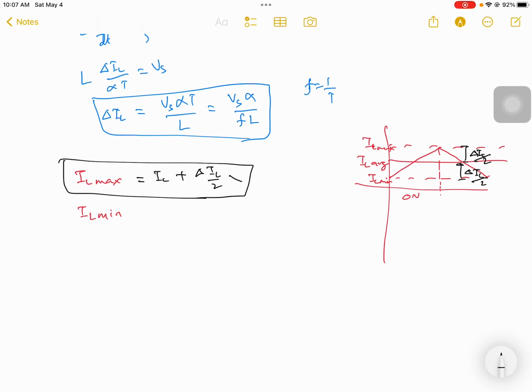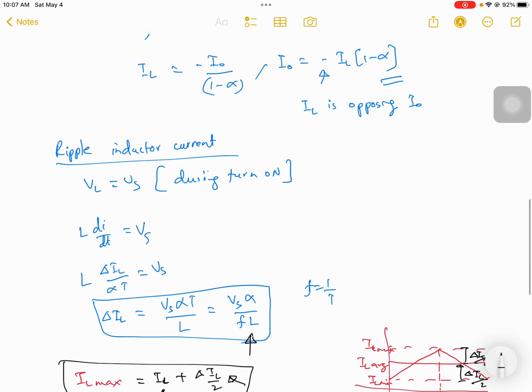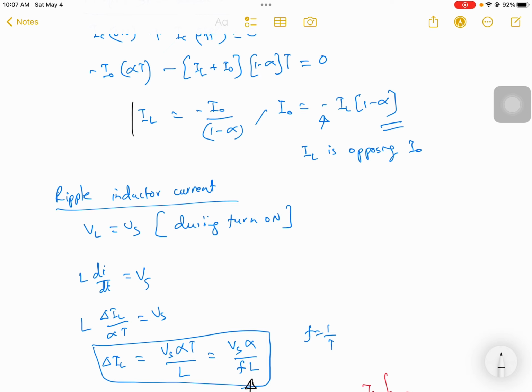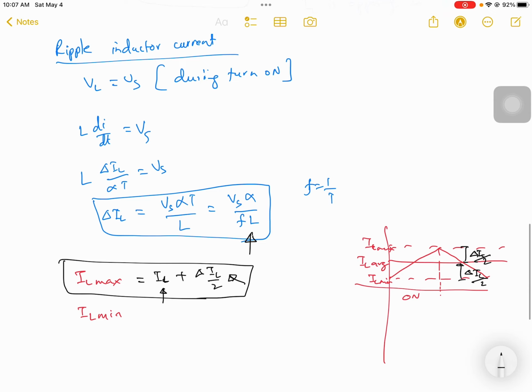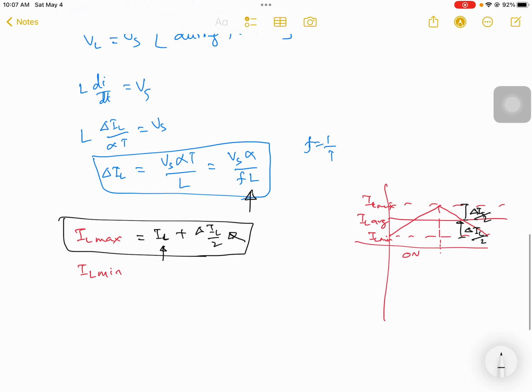If you want to simplify further, you may replace the value of delta IL here, and you can also replace the value of IL, which we got here. So that's the general formula to calculate IL max.